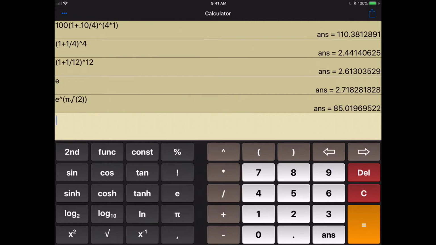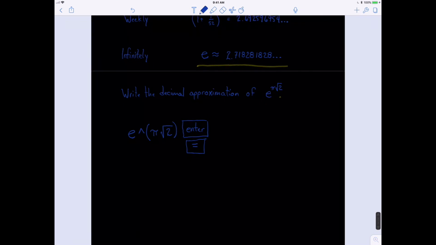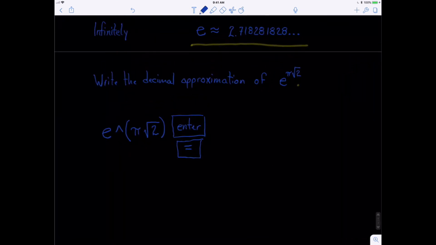85.0196522. Wow, that's a long one. So let's see if we can copy that, and then I'm going to put that back into our notes here. It doesn't transfer.